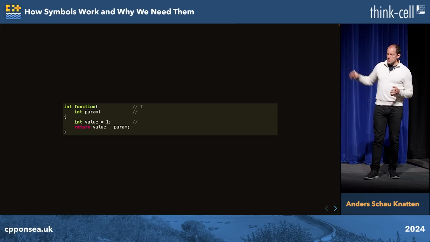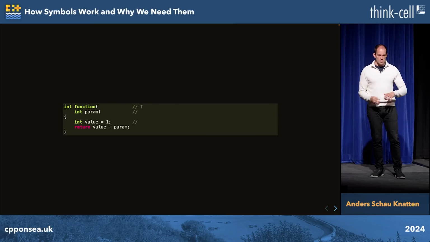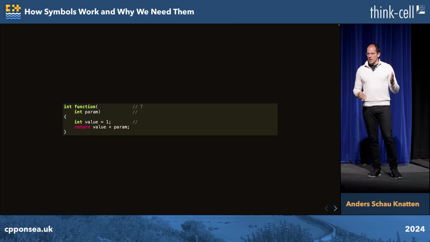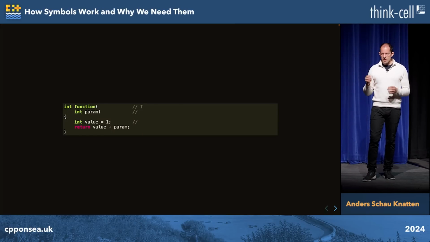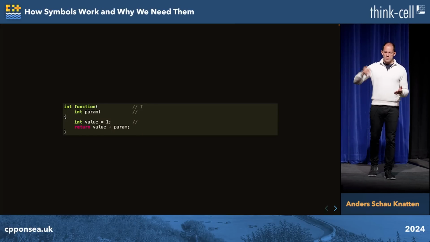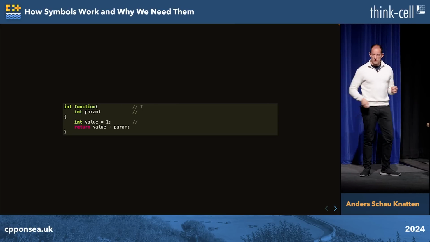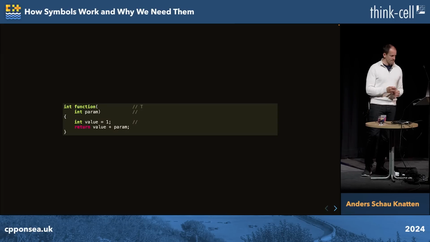But the parameter and the local variable, they just pop in and out of existence. Every time you call this function, the stack grows and you get the stack frame with this, or maybe even in a register. And if you have a recursive function, you can have many of these. So it's not one thing. It's not something you want to link to. You just find them relative to the top of the stack. So these don't need symbols.